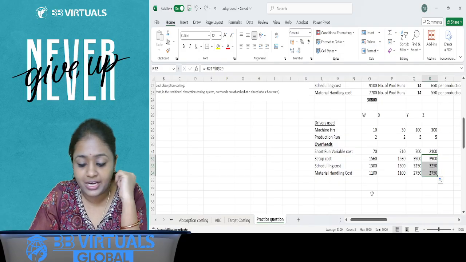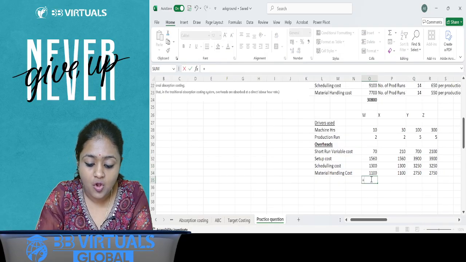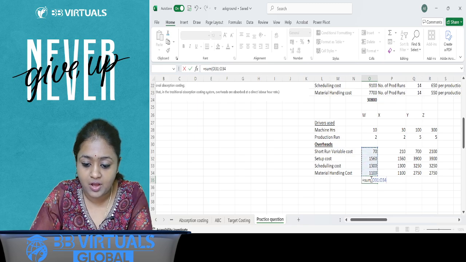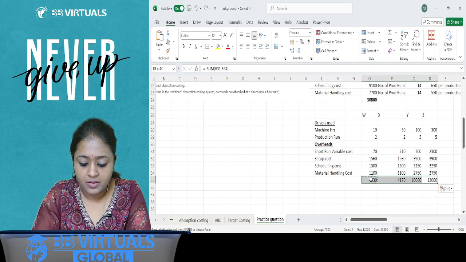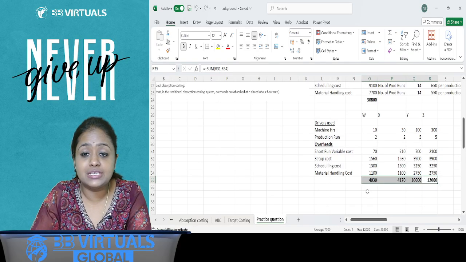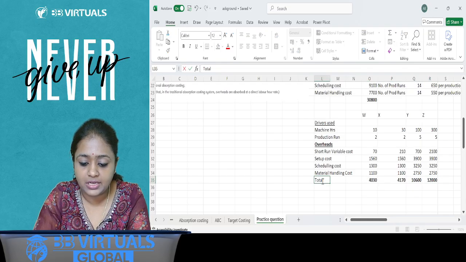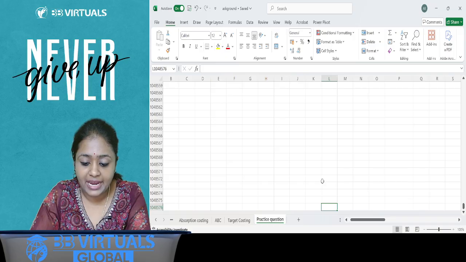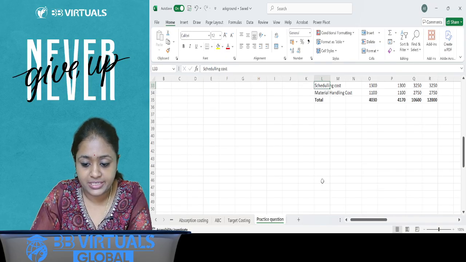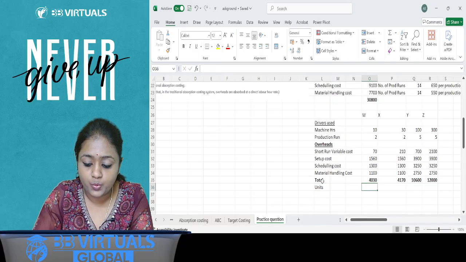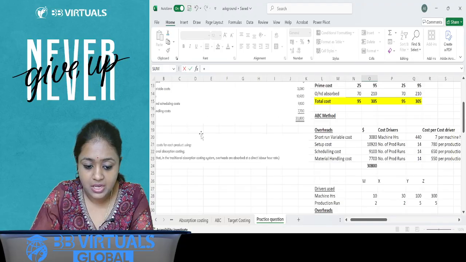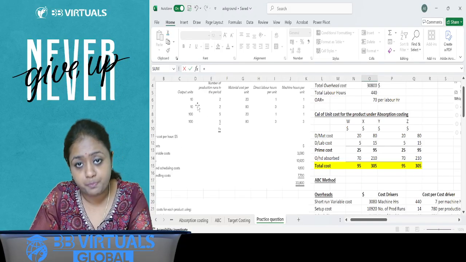So let's calculate quickly the per unit cost, get the total of the overhead cost. Okay, the total overhead cost is this. Now we will divide it by the number of units. When we divide it by the number of units, you will get the overhead cost per unit.